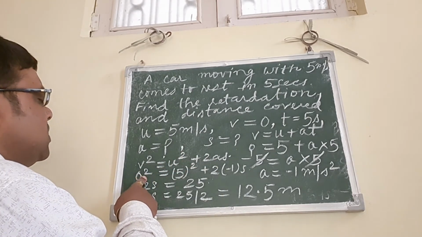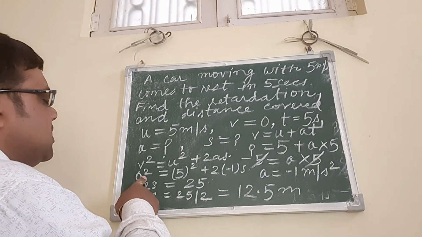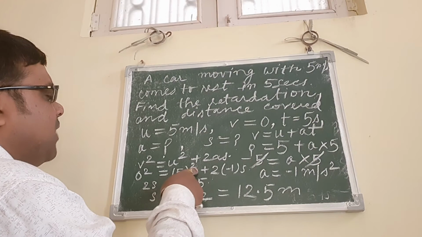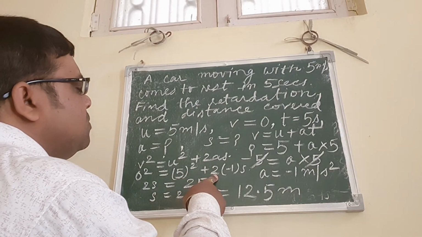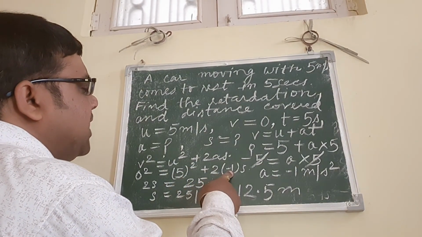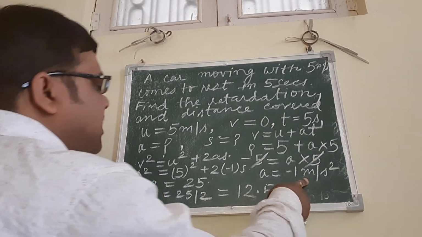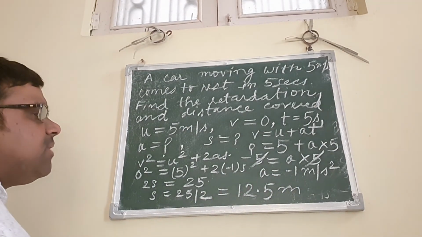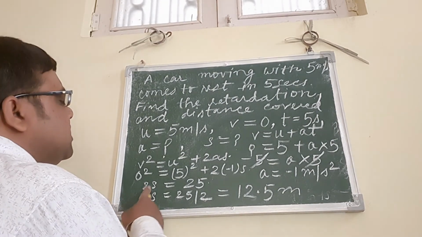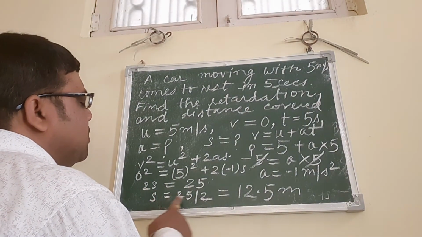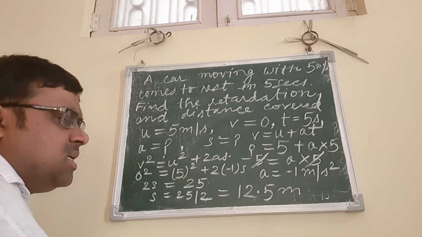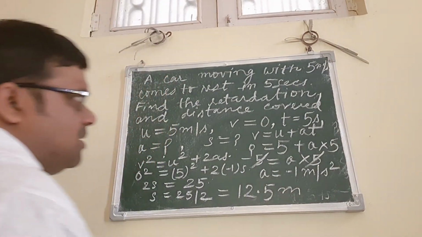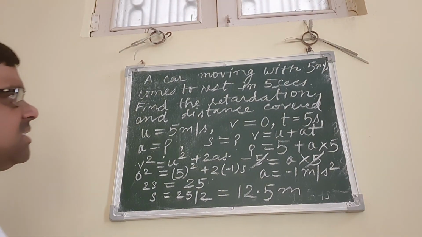Substituting the values, final velocity is 0, so 0 square is equal to initial velocity, that is 5 square, plus 2 into minus 1, that is our acceleration, retardation, into s, that is the distance covered that we have to find. So 2s is equal to 25, s is equal to 25 upon 2. So after simplification it becomes 12.5 meters. So this is our answer.